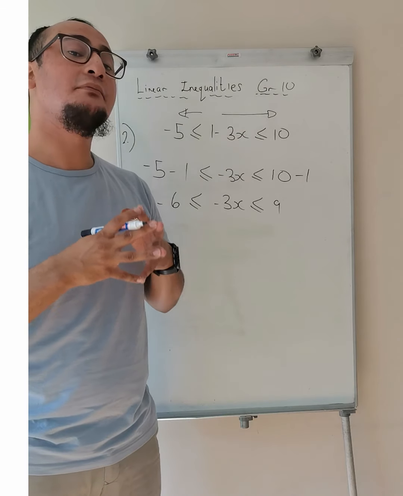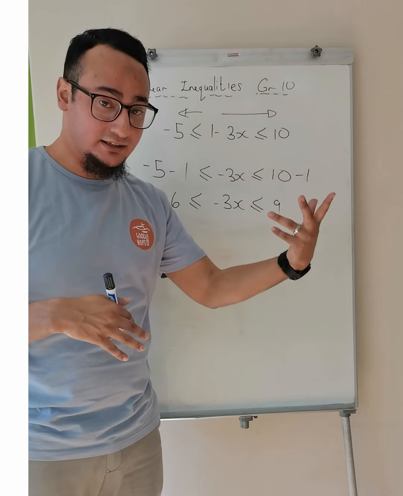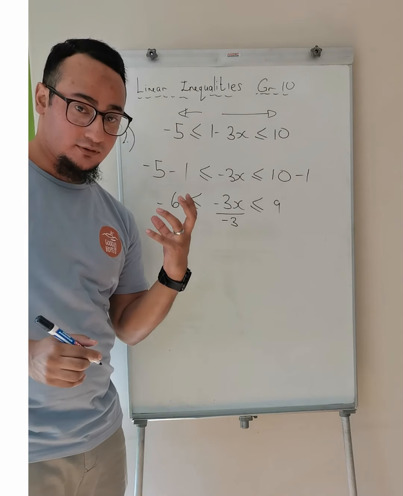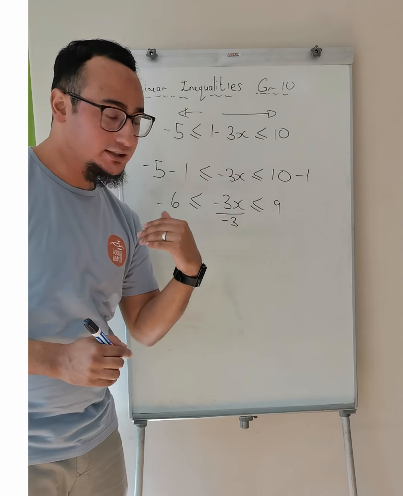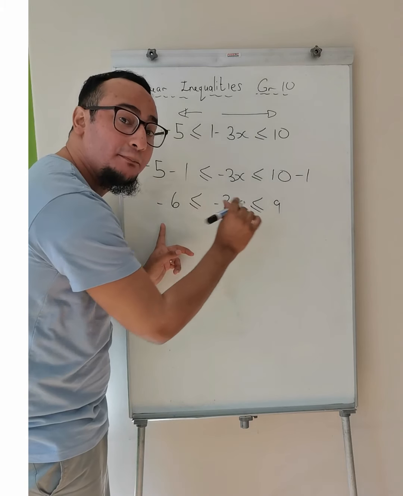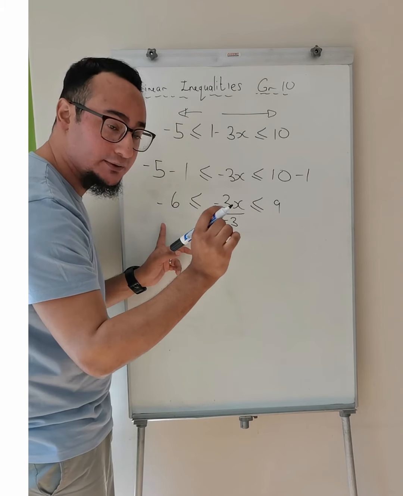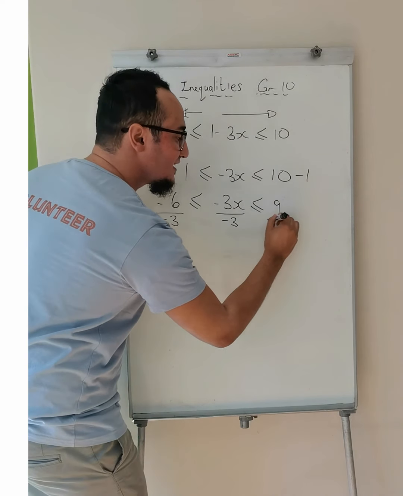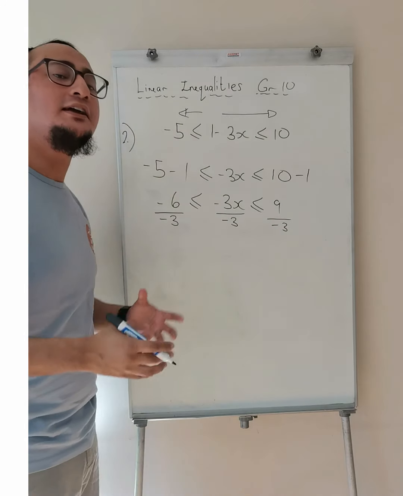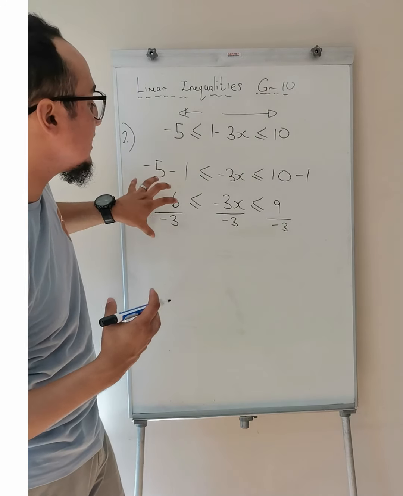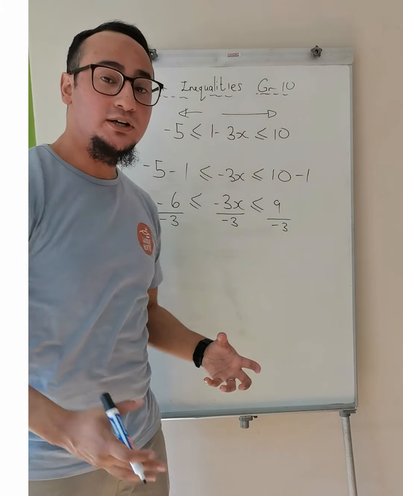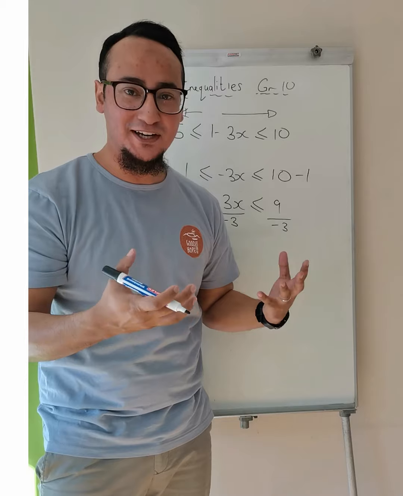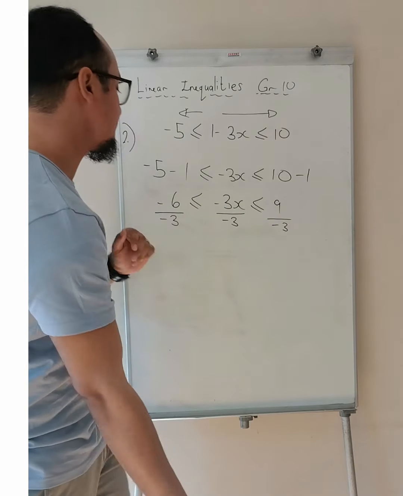Now, remember, I'm going to divide with a negative number. So negative 3, right? Now, I get rid of that negative 3, right? It has to be on both sides of my inequality. In other words, on this side as well as this side over there. In layman's terms, what you do to the one side, you have to do to the other. In other words, equation means balance. So you have to be fair with what you do in your equation. I hope that makes sense, right?